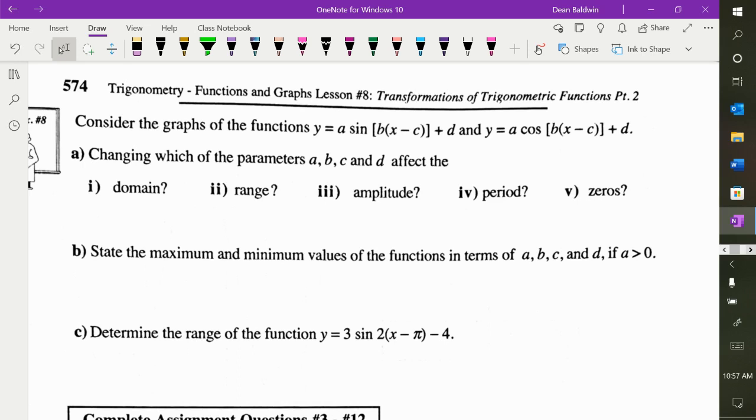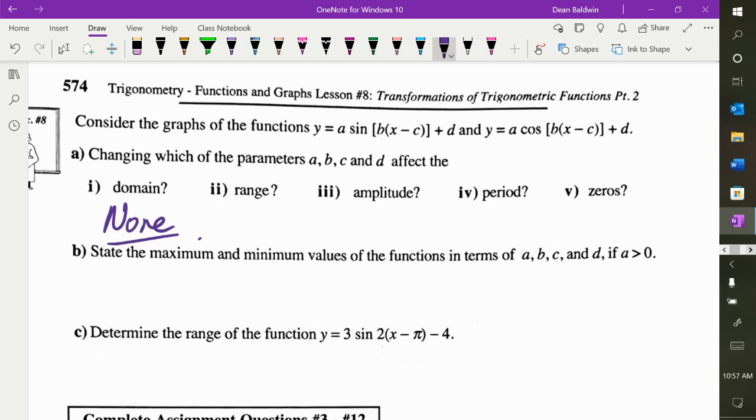Remember, domain is all your possible x values. None of them do. You get to decide what the domain is. Or I do. Maybe I don't want to give you that responsibility. None. There we go.